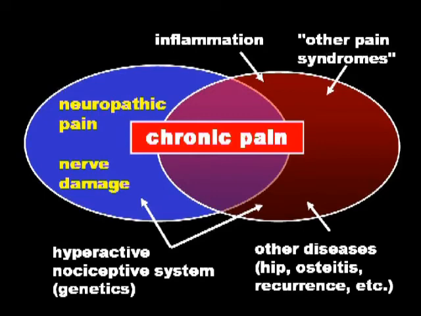So there is something in the genes here that determines the end result. But of course we have this more clear group here where we have well-defined nerve damage, and then we will end up in the neuropathic pain state. But how these circles are intermingled, we simply don't know.